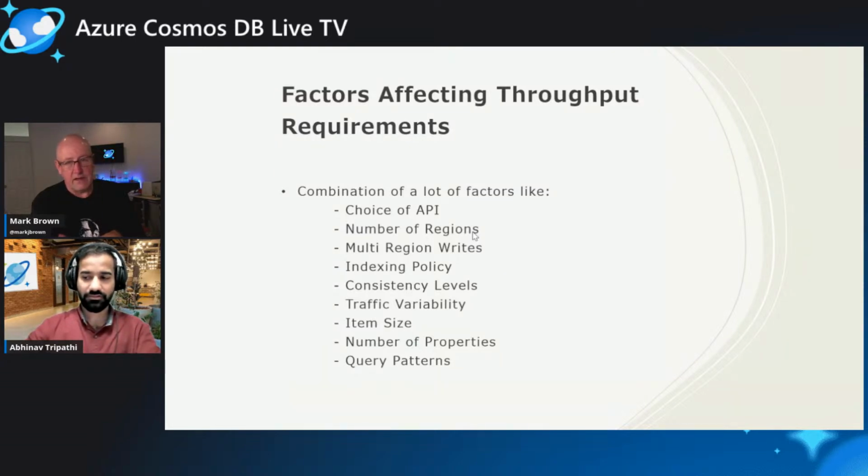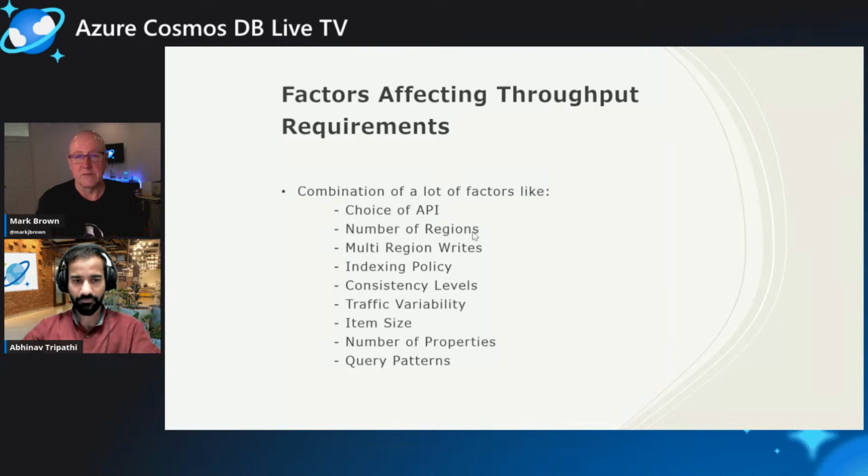The consistency levels. I don't know if people realize this, but if you were using strong or bounded staleness consistency, you were paying 2x for every read. A read on a document is 1 RU for session or weaker, but it's 2 RU for bounded staleness and strong.